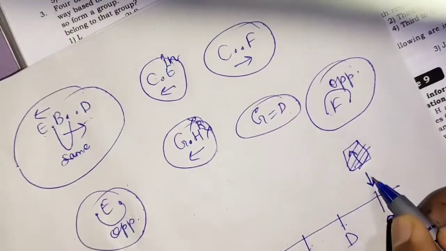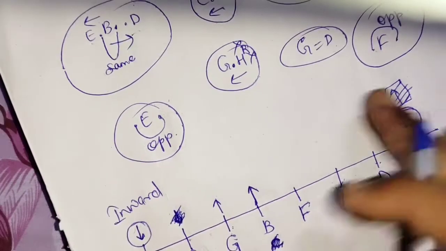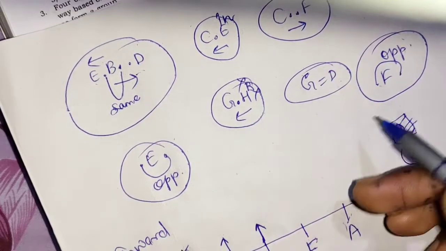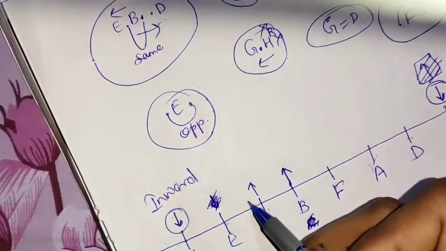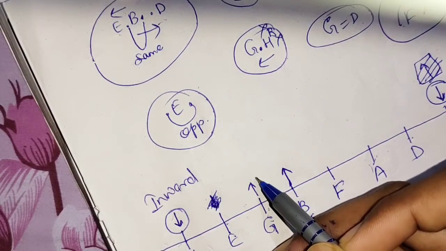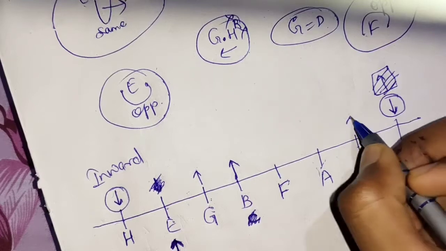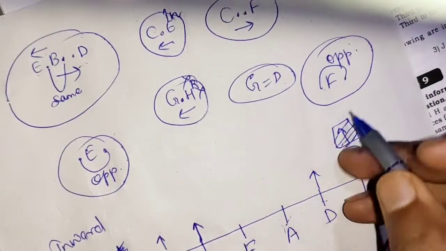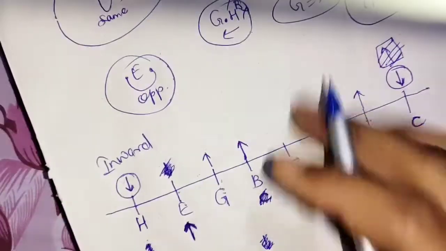We will encircle those who are facing downward. So right now we have two persons who are facing downward. We will check other directions. Here G is facing the same direction as D, so G is facing inward, so D will also face inward. Now F and A. Here the immediate neighbors of F have opposite directions.